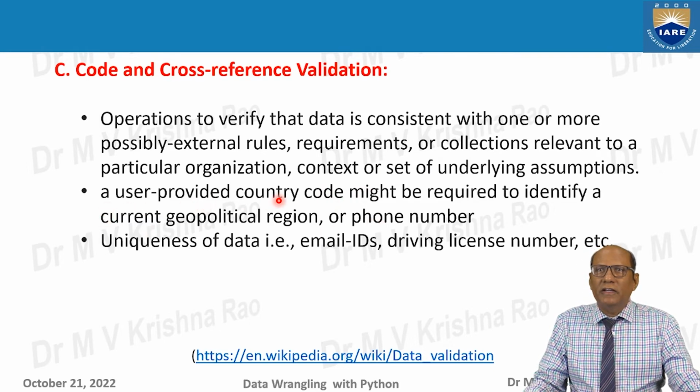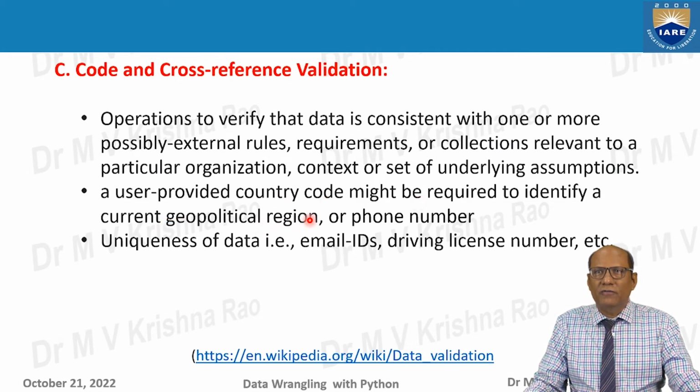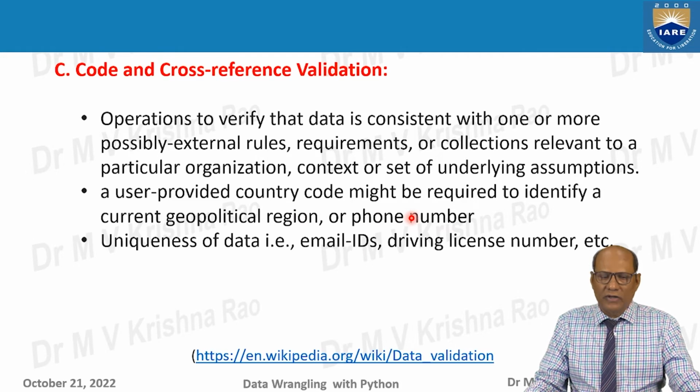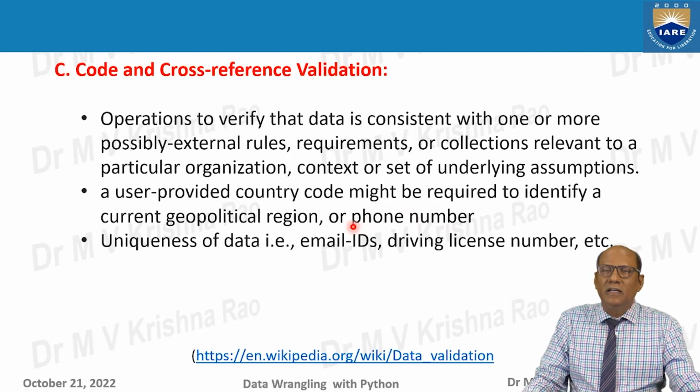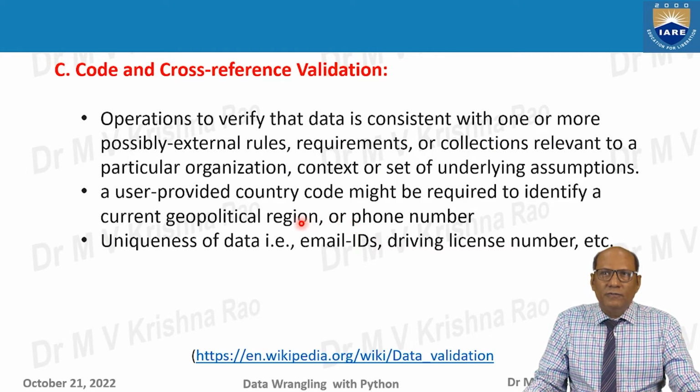A user-provided country code might be required to identify a geopolitical or geographical location or phone number. For example, if we take India, its international ISD code is 0091. If the international code is 91, you can identify that this phone is from India.